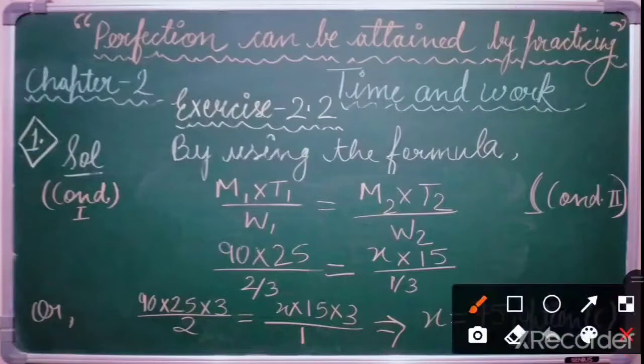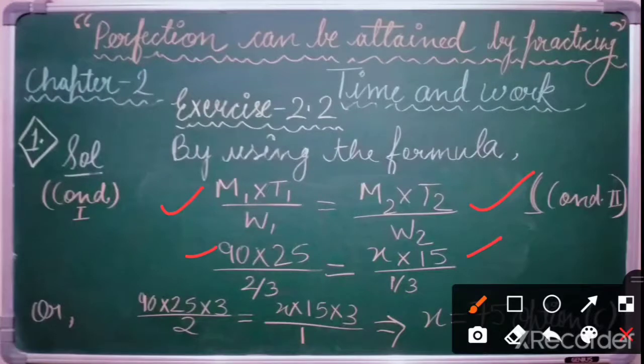As we know, there is a formula where we keep the number of men multiplied by time divided by work in the first situation on the left hand side, and the number of men multiplied by time divided by work done in the second situation on the right hand side. When we put in the values, 90 men are working for 25 days and they did 2/3 work, whereas some men are working for 15 days, the remaining days, 40 minus 25, and how much work will they do?